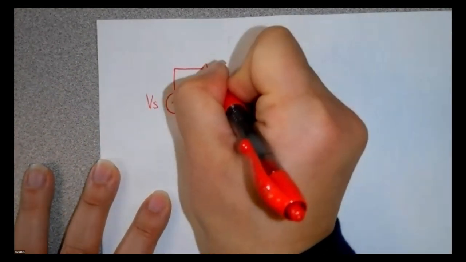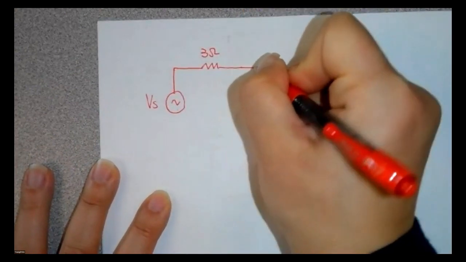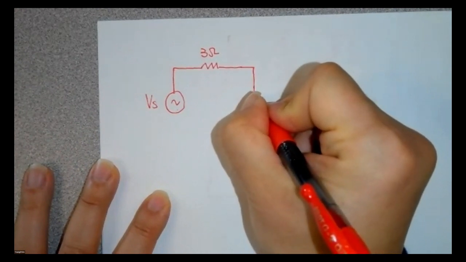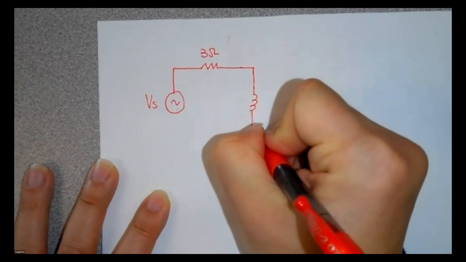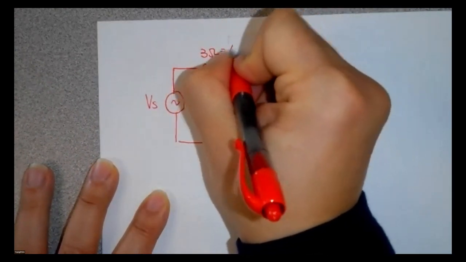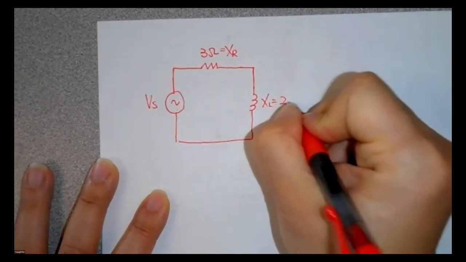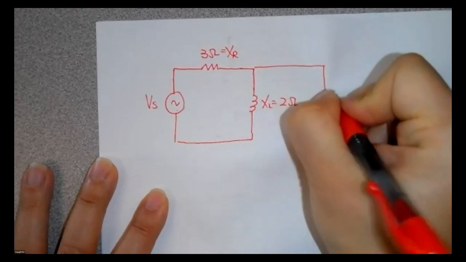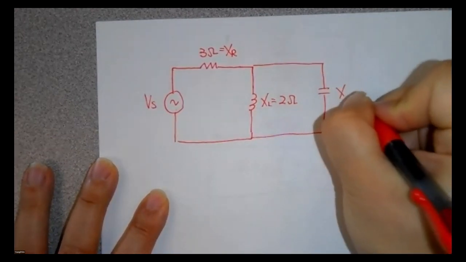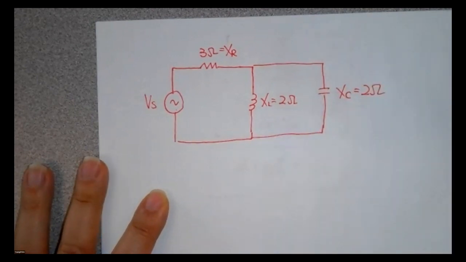That was 3 ohm, this is X sub R. This is X sub L, the 2 ohm. That is X sub C, also 2 ohm here.